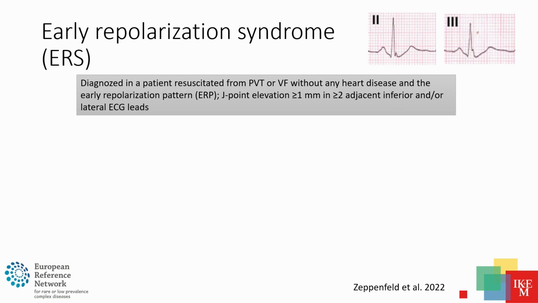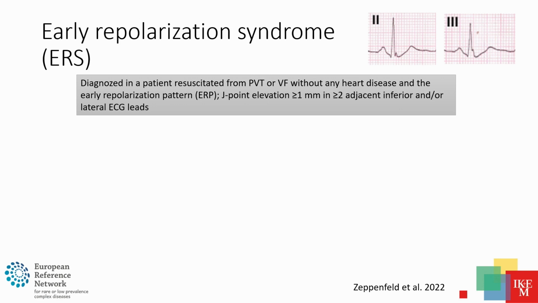Early repolarization syndrome. Early repolarization is a very frequent pattern in the general population, but the diagnosis should be stated in patients after cardiac arrest or with documented, not really well tolerated ventricular arrhythmia.